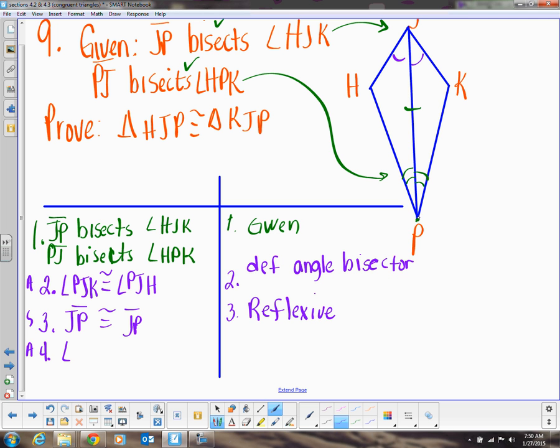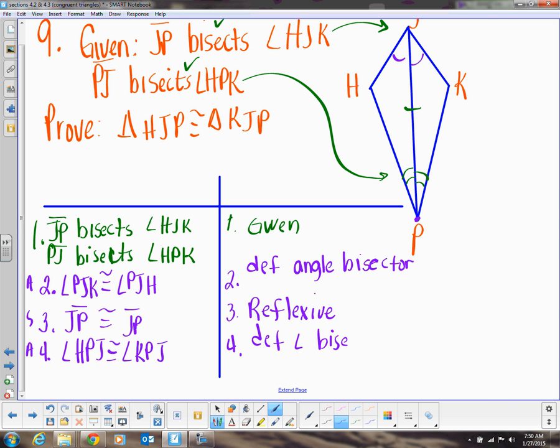Remember, the vertex has to be in the center. Angle HPJ is congruent to angle KPJ. What's the reason? What told us this? Definition of angle bisector.